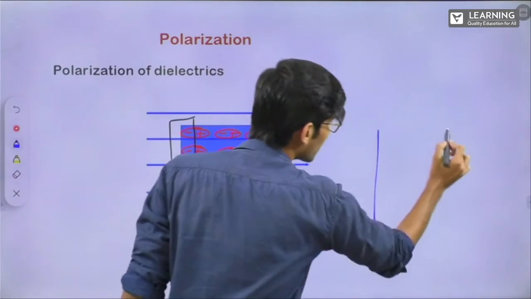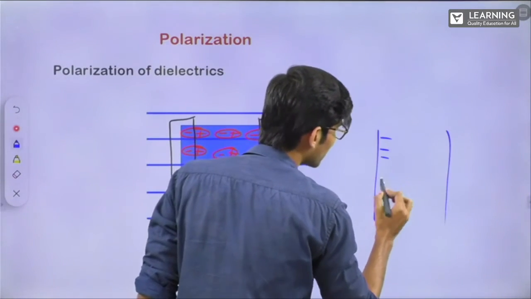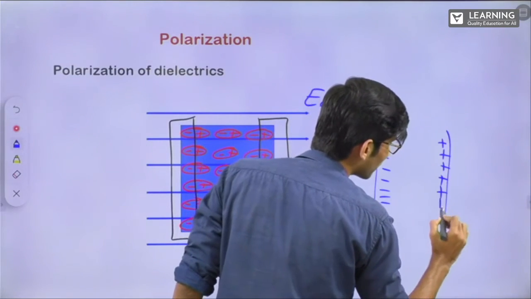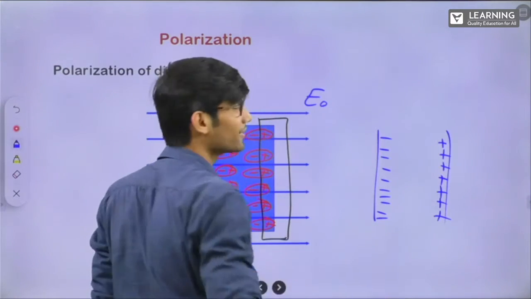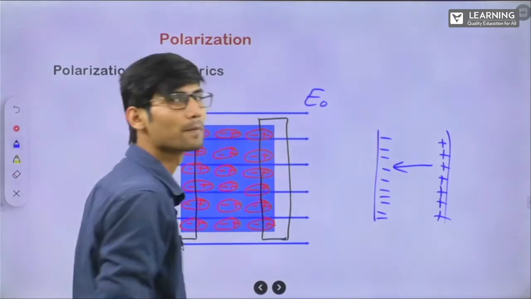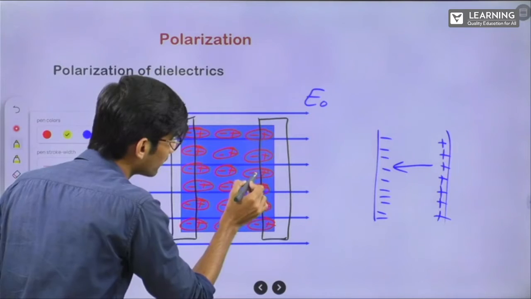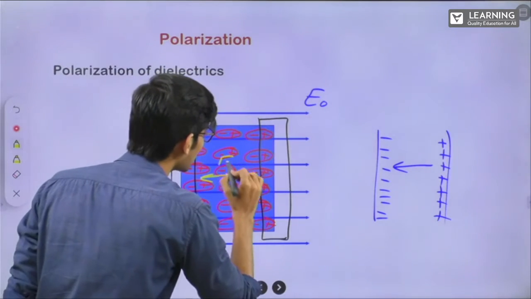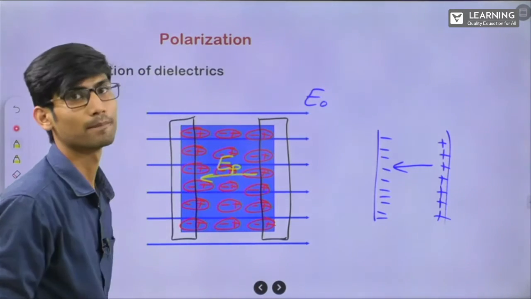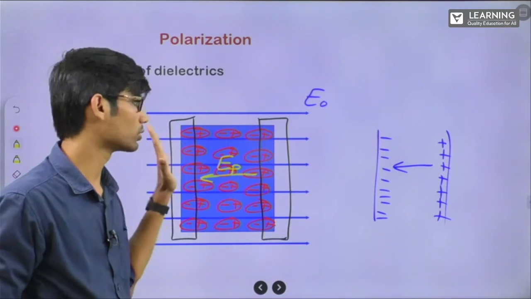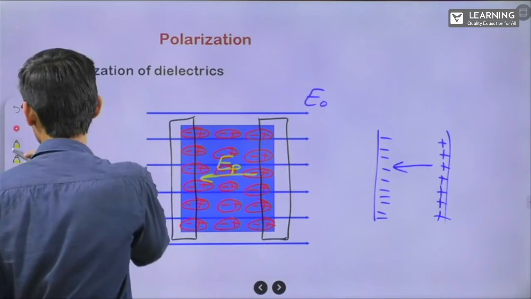Now if there are two sheets, one completely negative and one completely positive, we know what will happen: an electric field from positive to negative, correct? The same thing will happen here. An electric field from here to here, that is E due to polarization, will come. All right.